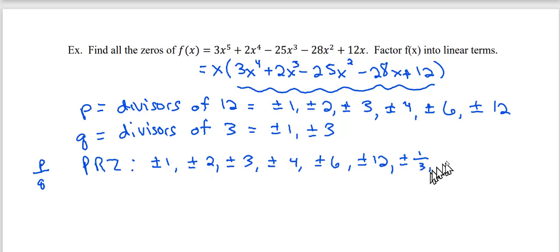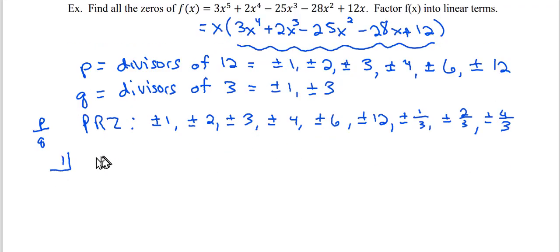So 1/3, 2/3, 3/3 would be 1, which we already have, so we don't need to do that. 4/3, 6/3 would be 2, and 12/3 would be 4. So that's it. 1, 2, 3, 4, 5, 6, 7, 8, 9. So we actually have 18 possible rational zeros. Phew, that's a big list. Let's hope we get a hit before we get to number 18.